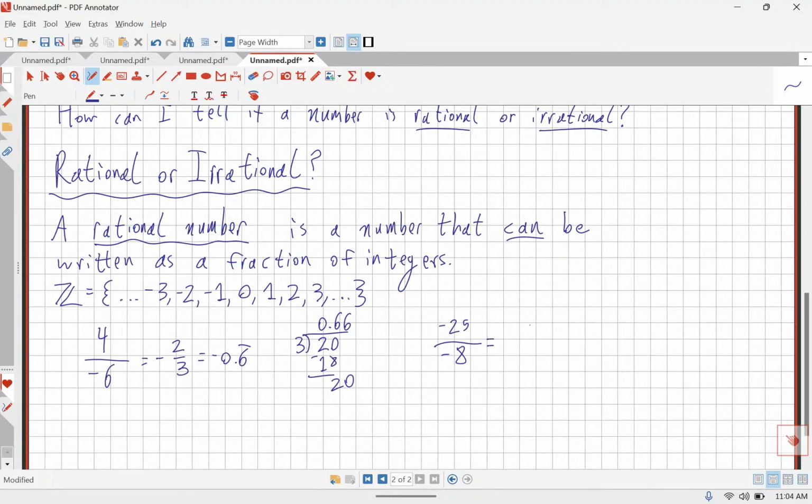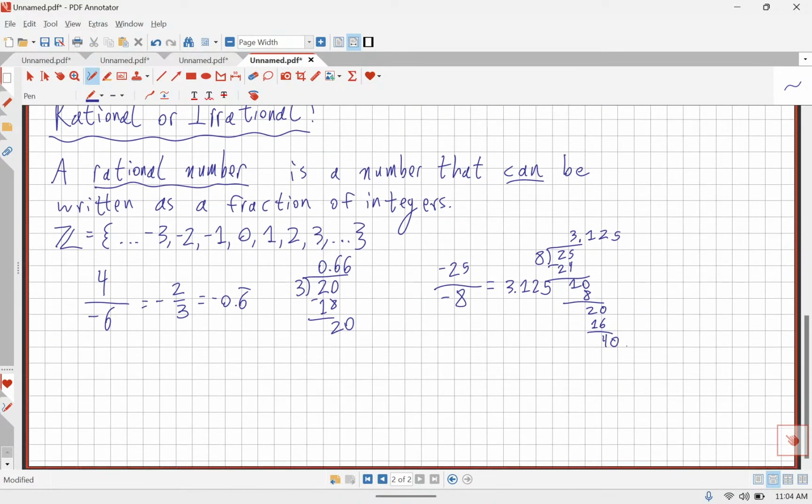If I wanted to write it as a decimal, 8 going into 25 goes in 3 times, that's 24. Then 8 goes into 10 once, then 20 twice, 16, 4, 40. 3.125. One of the possibilities is that it ends, that the decimal will have an end. You'll have a 0, and you're good to go.